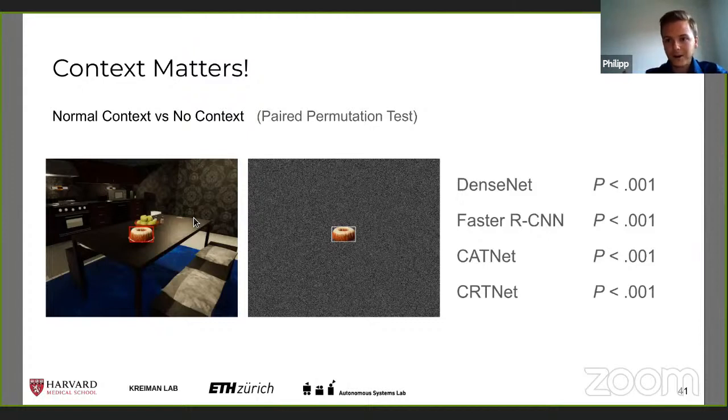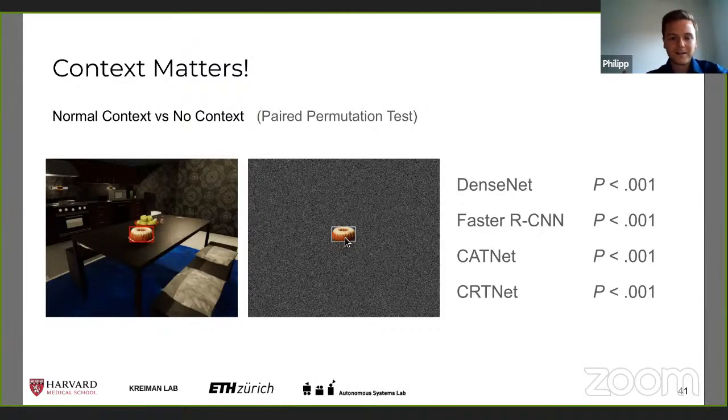Now, let me tell you why I think this is a very well-controlled experiment. For every target object in the normal context condition, we generated an analogous image in the no context condition. What that means is that the target object itself stays exactly the same. It has the same position within the image, the same rotation, the same size, even the same lighting.